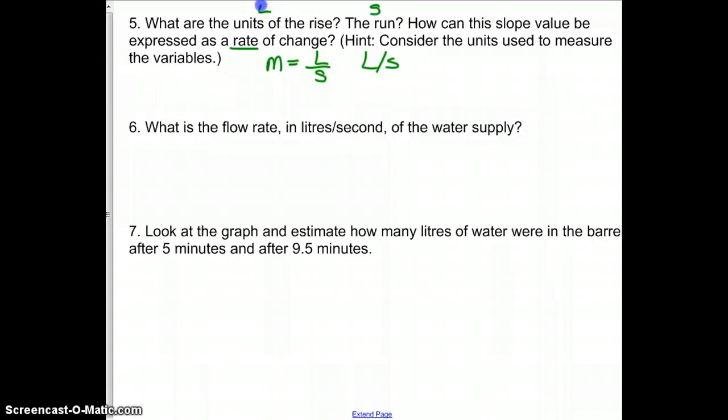Now for number 6, so what is the flow rate? Good, it's 0.343 liters per second because it's the same slope, but then the rate we have to add in our proper variables. And how about number 7? If you look at the graph, how many liters of water were in the barrel after 5 minutes and after 9.5 minutes?